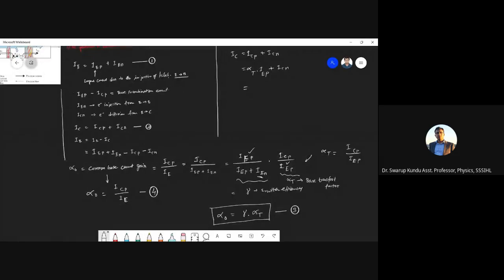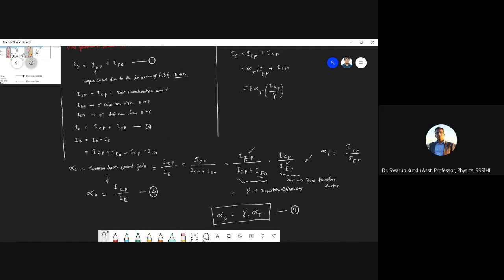And now we just multiply by gamma: alpha T IEP by gamma.